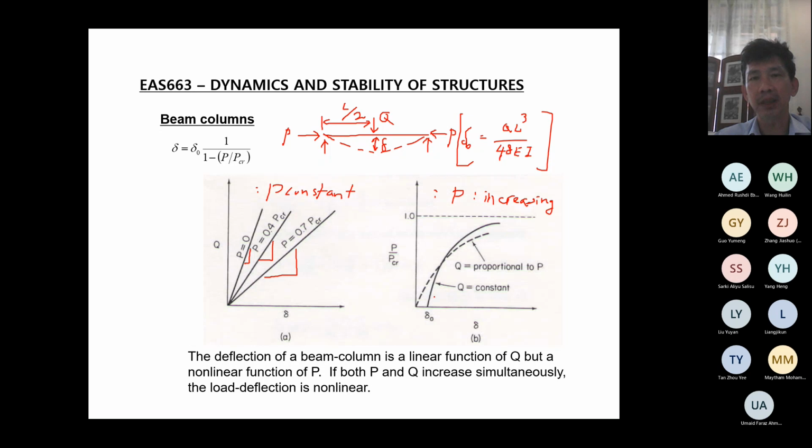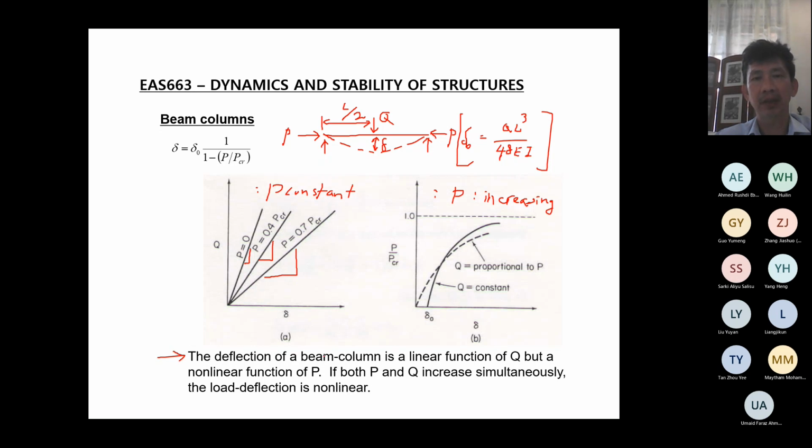So when P increases, you can see a very different behavior here compared to this. When P is increasing, the response of the beam column becomes non-linear. It is not a straight line anymore. So what are the conclusions that we can draw by looking at graphs A and B?